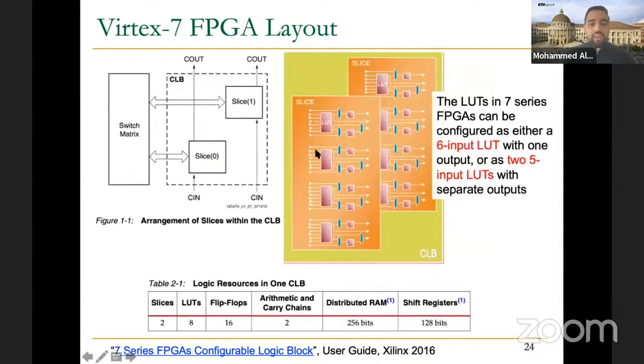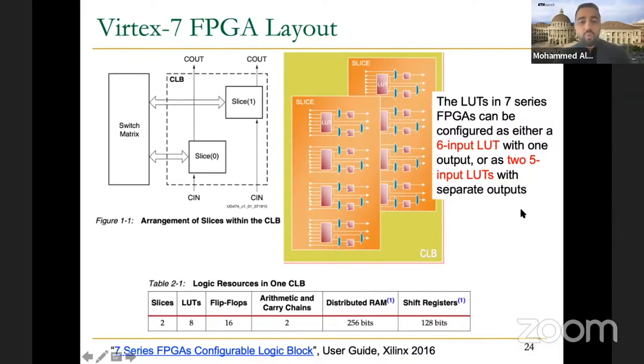In their FPGAs, in the Virtex-7 family, you can see a single CLB or logic block has 2 slices, and in a single slice we have multiple lookup tables. Each lookup table is a 6-input lookup table, and you can configure it as a 5-input if you need 2 outputs.